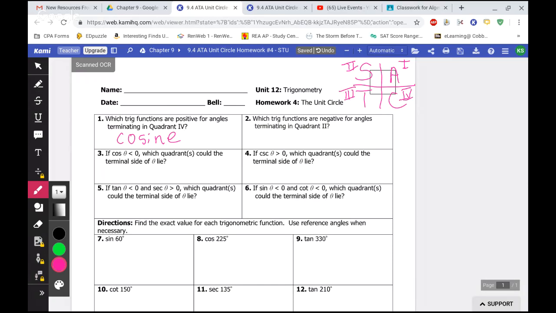So that's why cosine, and x is positive, is the only thing that's positive in quadrant 4. Which trig functions are negative for angles terminating in quadrant 2? So we're looking at quadrant 2, and the only thing that's positive is sine. So that means cosine and tangent are going to be negative.